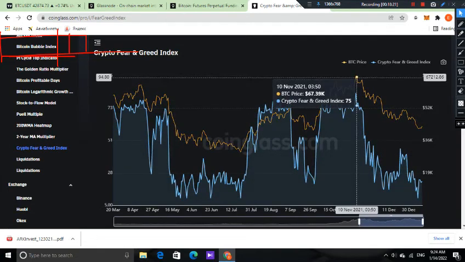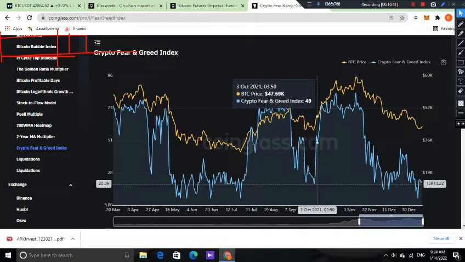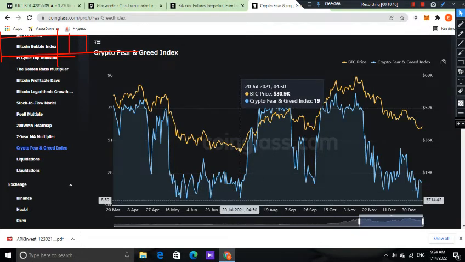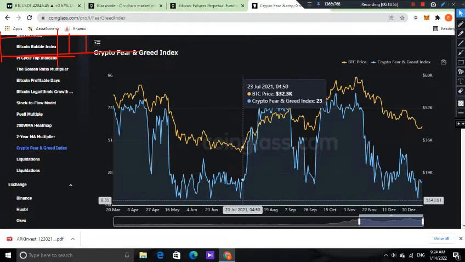For example, at this point, the greed index was at 75 when Bitcoin was at 65k, and here or here it was 10 when the price was at 29.